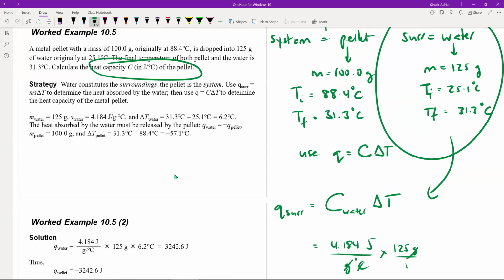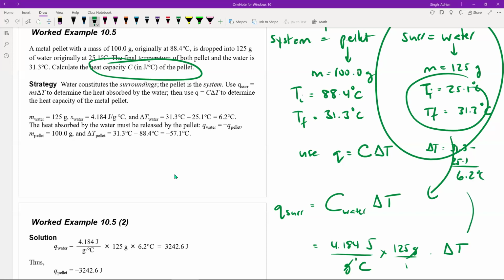So we have a heat capacity then in joules per Celsius. And then we need our delta T, which is final minus initial. So delta T for this would be 31.3 minus 25.1, which gives 6.2 degrees Celsius.